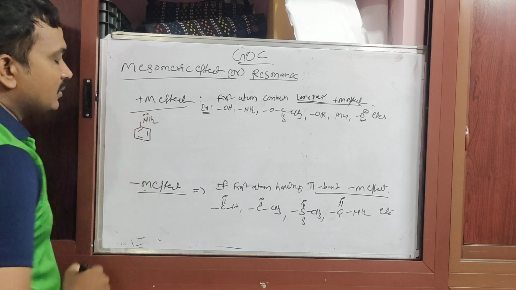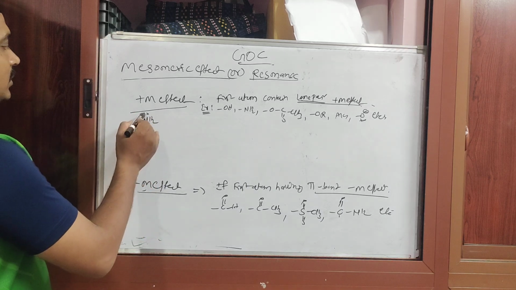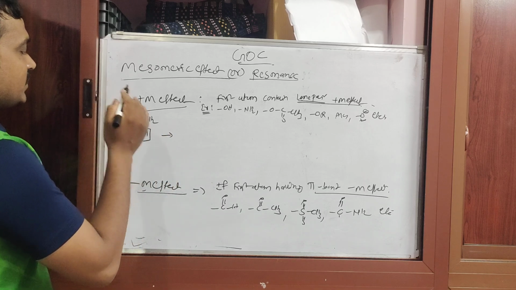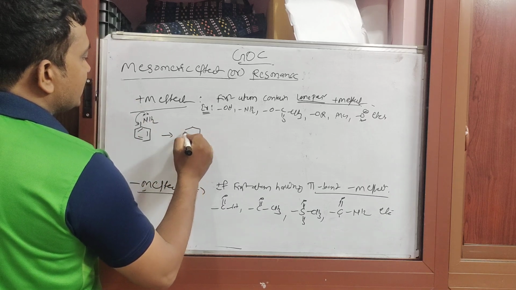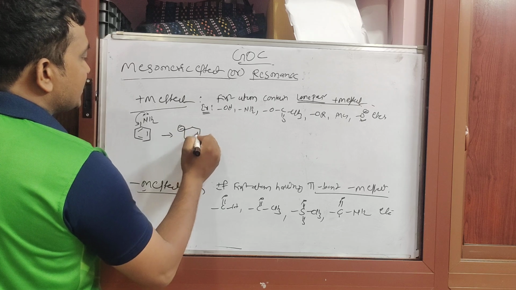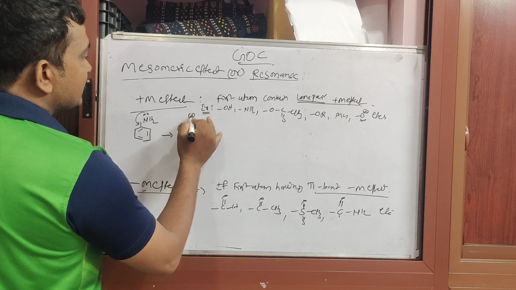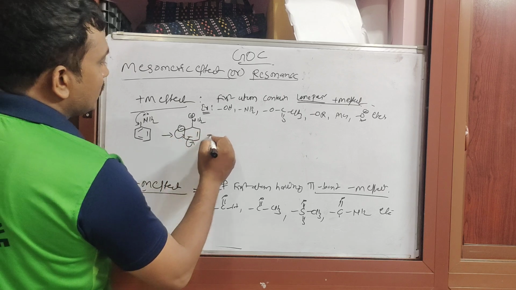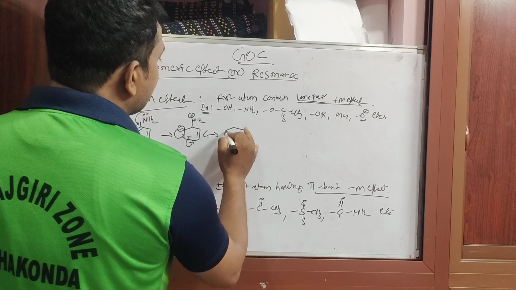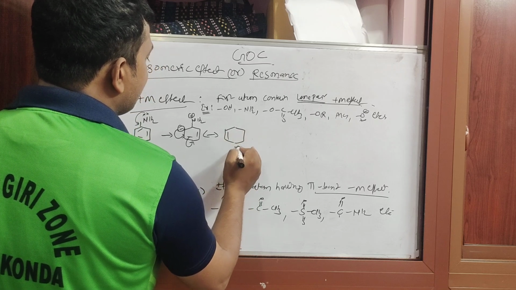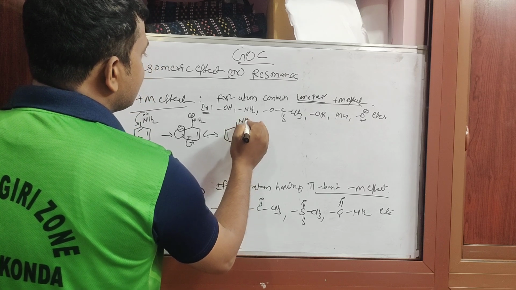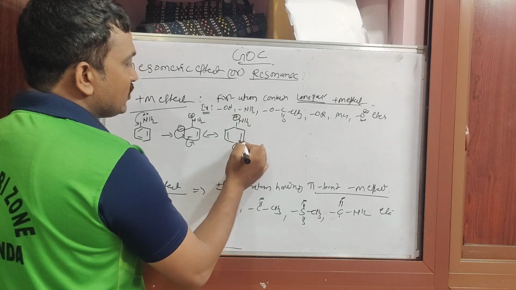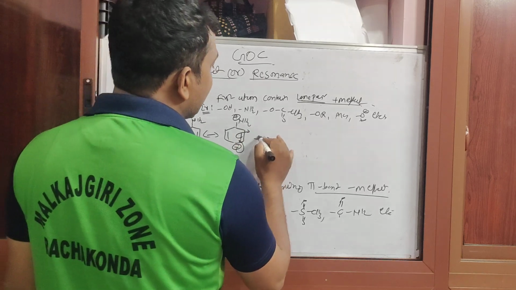It has a lone pair of electrons; the lone pair is donated to the ring, the lone pair is converted to bond pair, and the bond pair is shifted to form a lone pair.